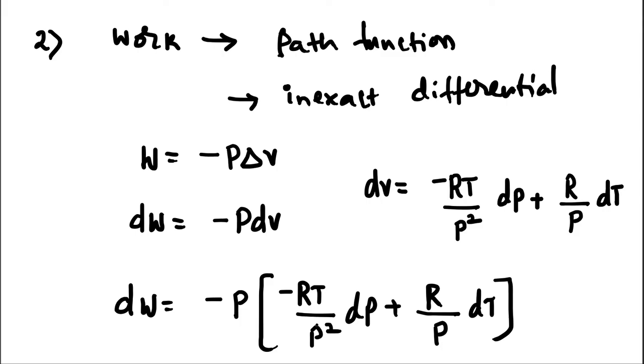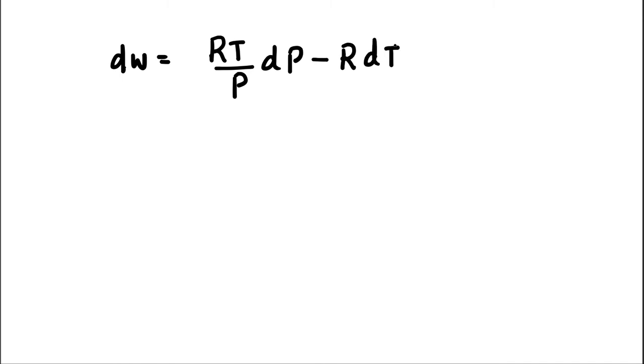So that gives RT over P. And this is negative times positive, therefore that gives a negative, and R times P is RP, with a P in the denominator. So P and P cancel out and we simply get R. So dW is positive RT over P times dP minus R dT.